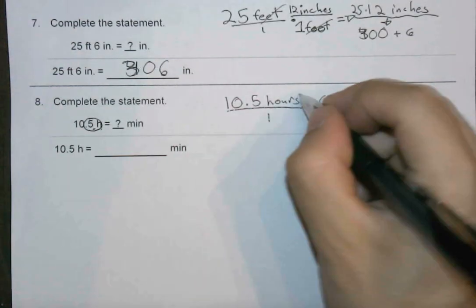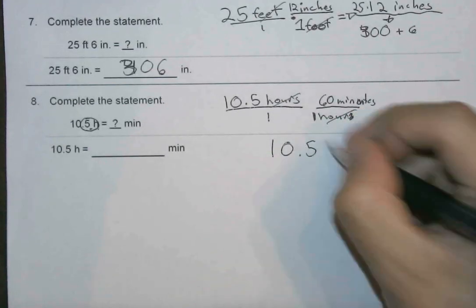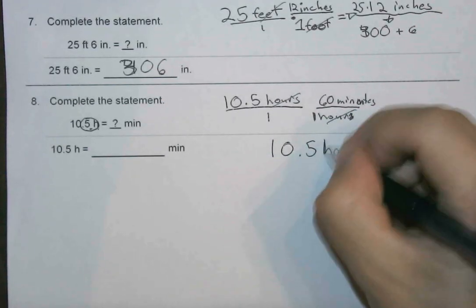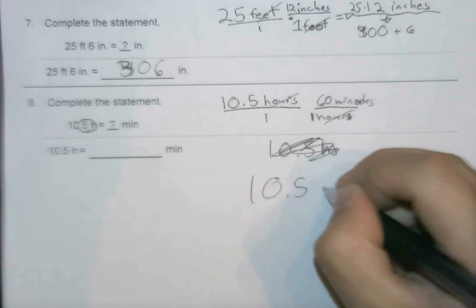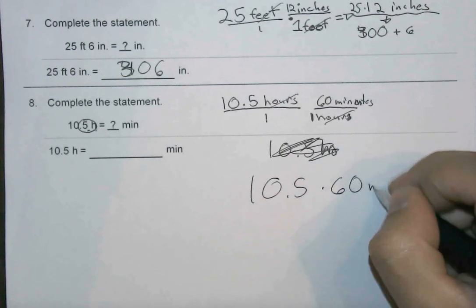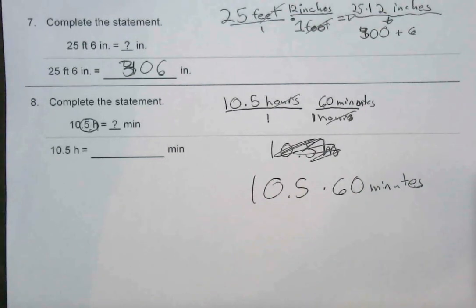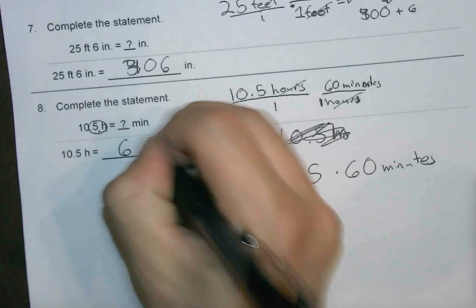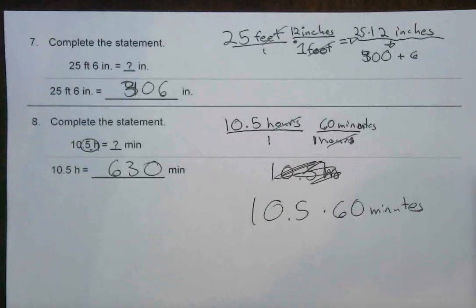So you'll see the units of hours cancel. The real arithmetic here is 10.5 multiplying with 60 minutes. And this leaves you with approximately 630 minutes. And you're done.